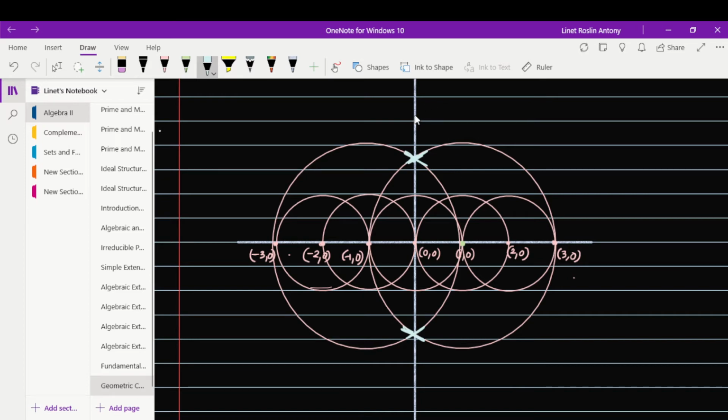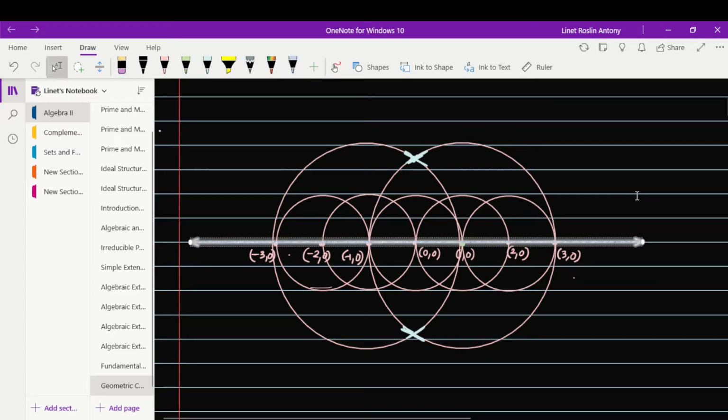Think that the y-axis was not there earlier. Suppose we just had the x-axis like this, and you don't know where the y-axis is. Using this construction we are able to draw the y-axis.